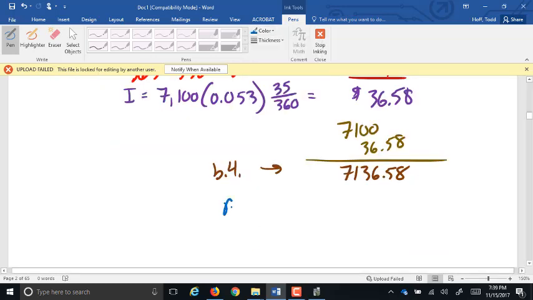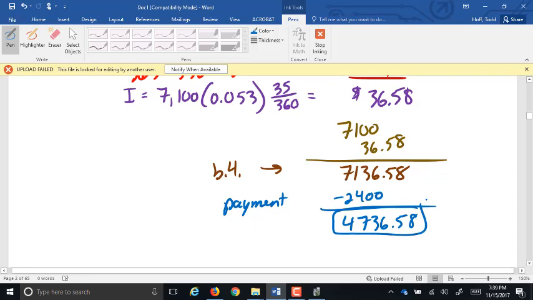We subtract the payment of $2,400 to get $4,736.58, the balance after the payment.